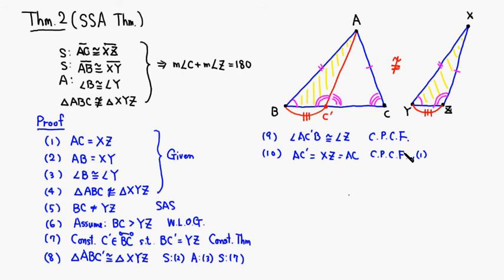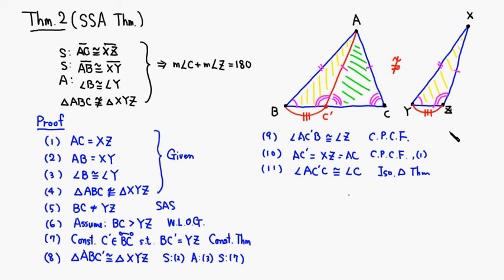So we know that this is actually an isosceles triangle right here. So we can say number 11, angle AC prime C is congruent to angle C. This is the isosceles triangle theorem.